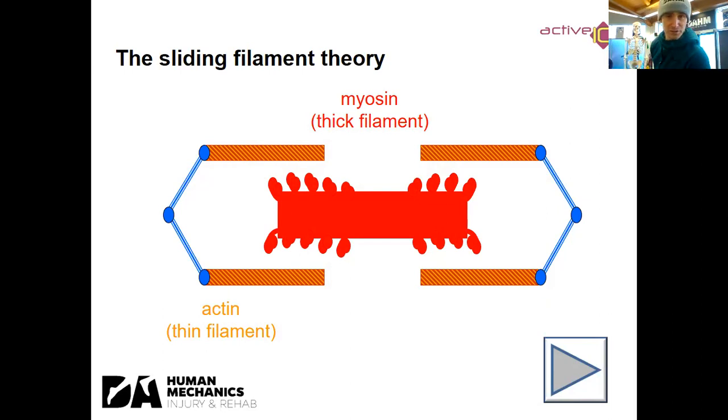Hey, do you know what? This is the first time I've used that analogy, and I bloody love it. So imagine a car wash where your car is just delivered in, and you get these spinny things that just pull you through into the motion. So imagine that your myosin heads, these little red things coming out of the red block, are just spinning the wheels and pulling the actin filaments in.